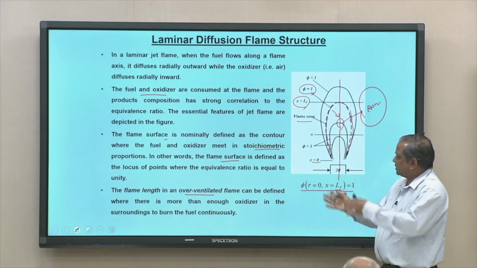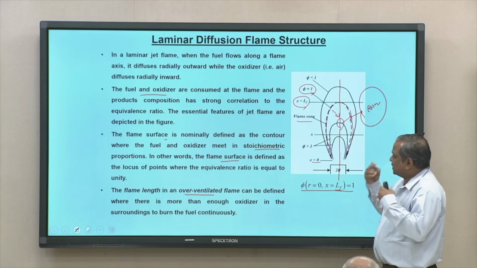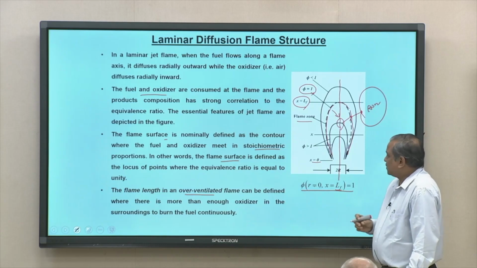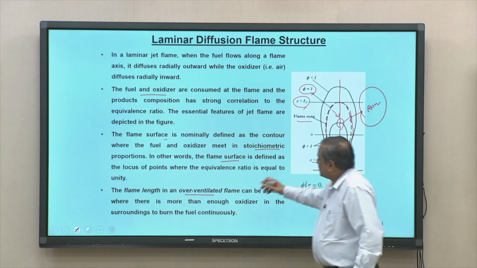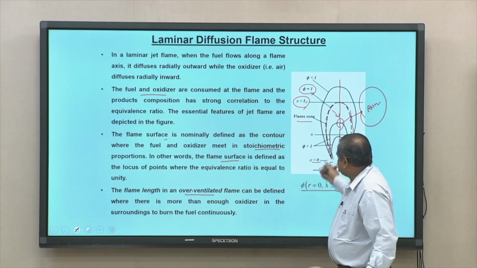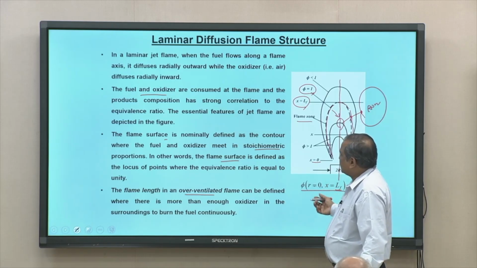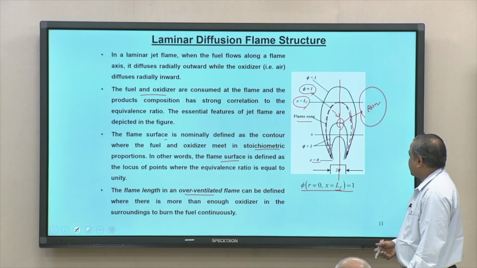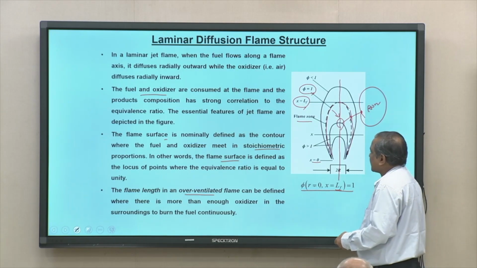But small engines don't have enough space, so we give additional fuel in a different route. So the initial flame is not called the flame surface. So we can say it's an over-ventilated flame, but with an extra air oxidizer.